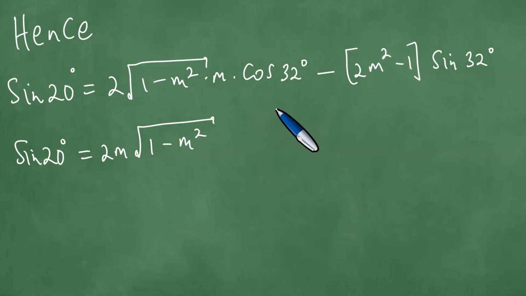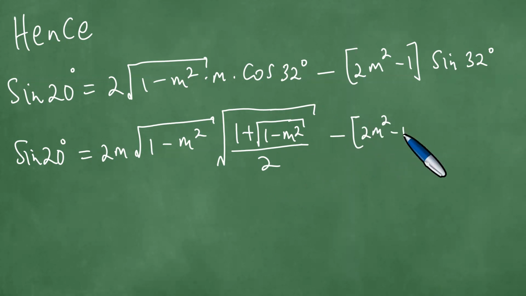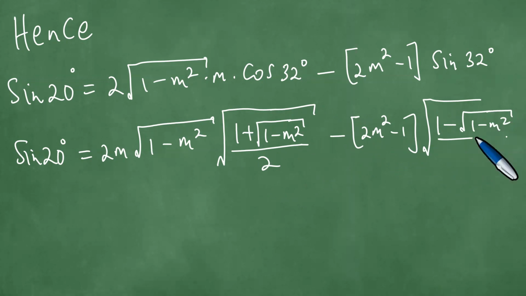So this here, 1 plus the square root of 1 minus m squared, all over 2, minus 2m squared minus 1, times the sine of 32 degrees, which is the same as the square root of 1 minus the square root of 1 minus m squared, over 2, like this.